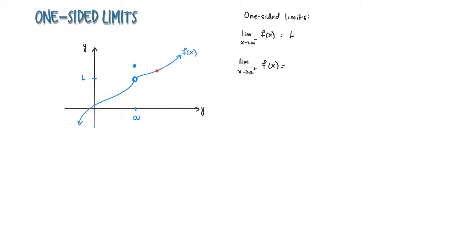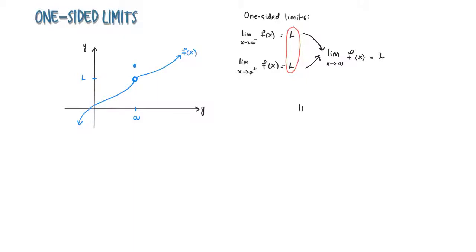If you look at the y values, they are approaching L. We're going to say it is equal to L. And because both of these limits are equal, then we know for sure that the limit as x approaches a of f of x is going to be equal to L as well.